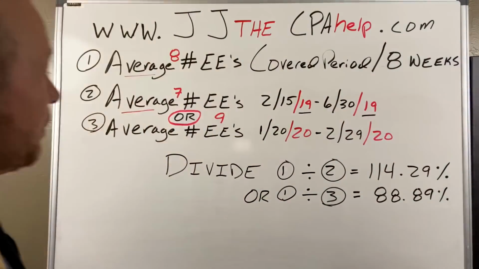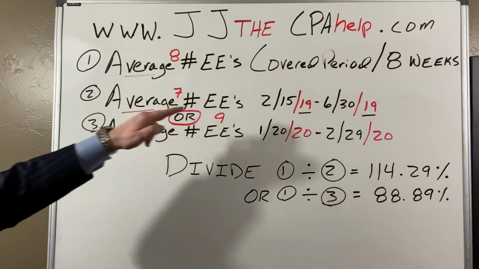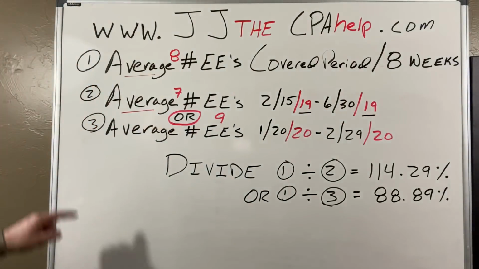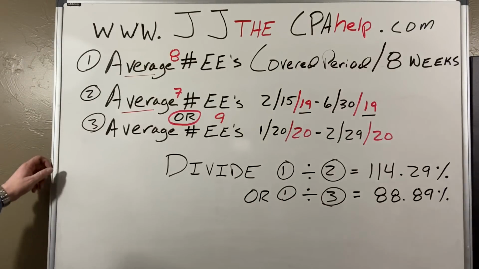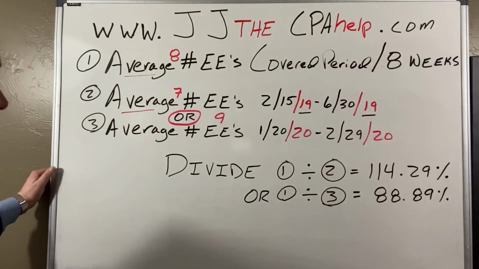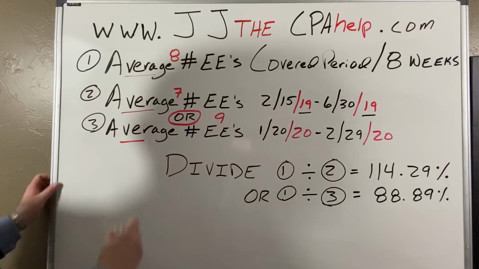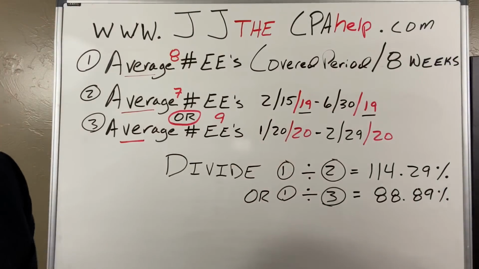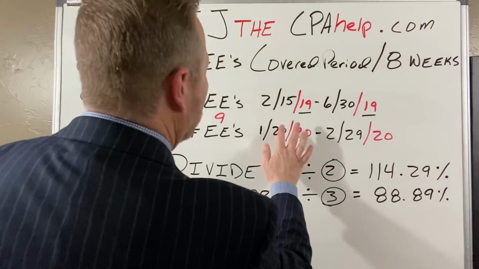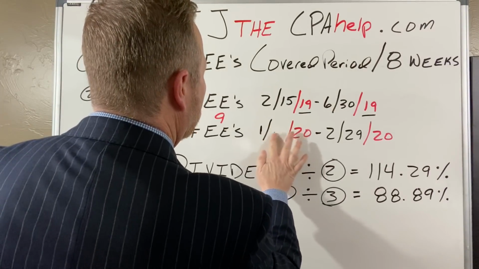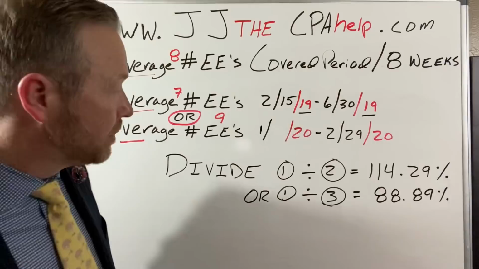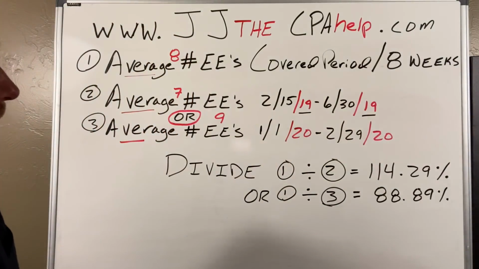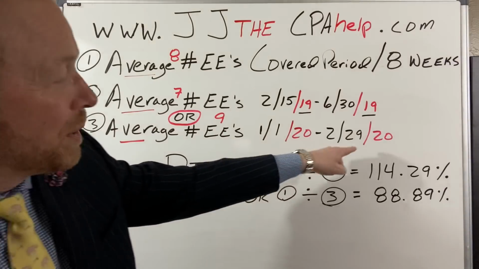So you want the average number of employees from 2/15/19 to 6/30/19, and you want the average number of employees from 1/1/20 to 2/29/20.